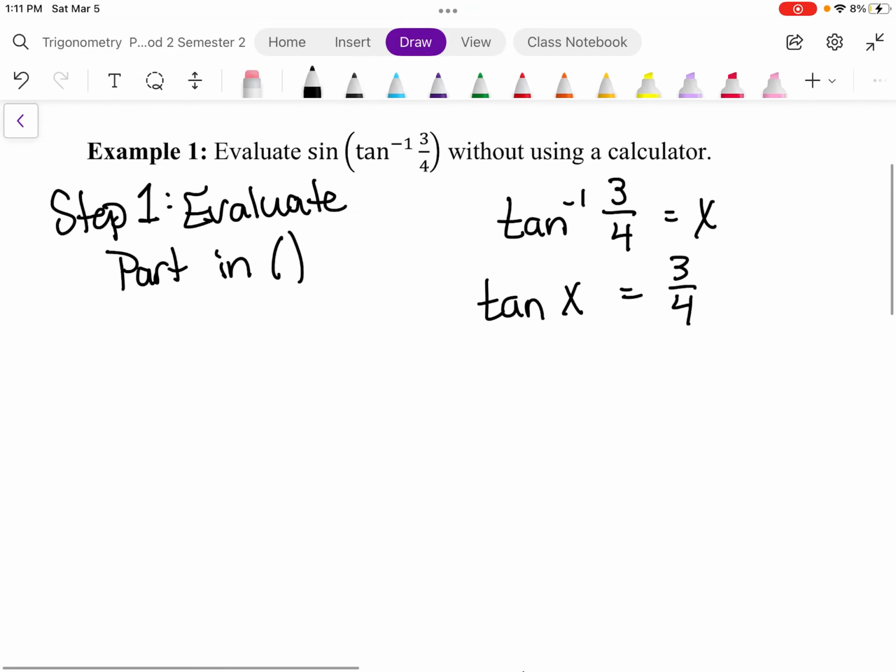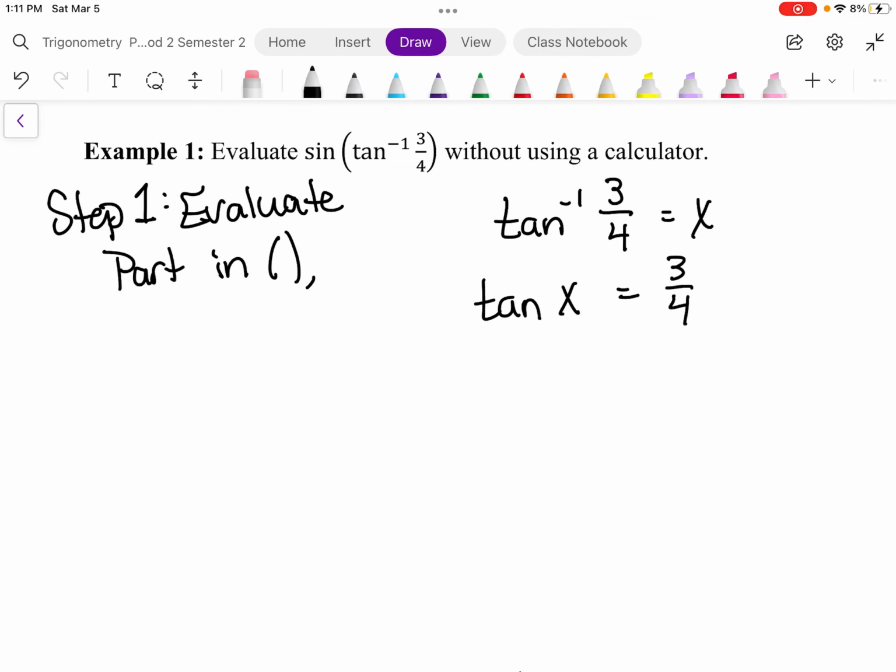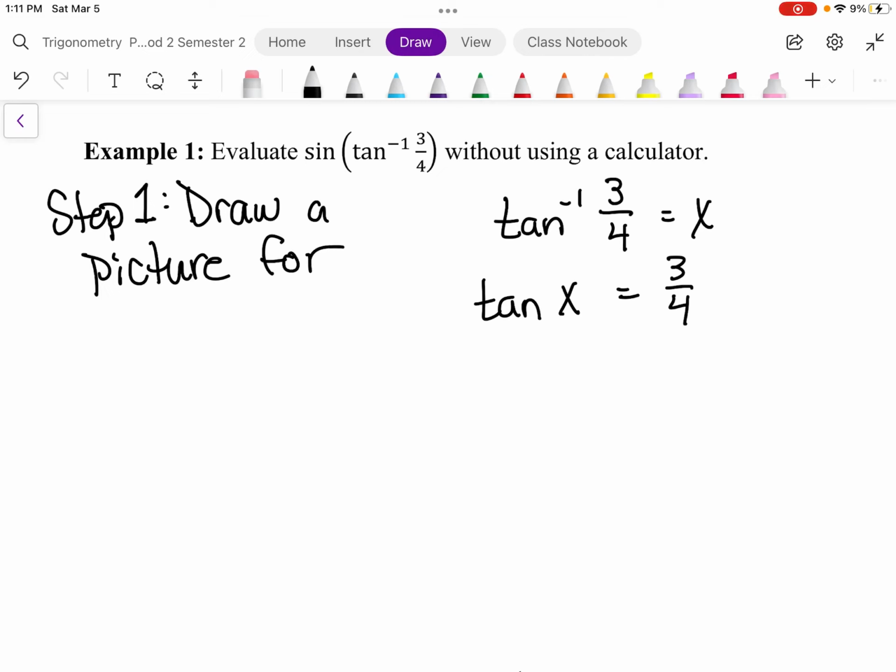So when we evaluate this, we might not actually figure out what x equals, but we are going to draw it on a triangle. So maybe instead of evaluate the part in parentheses, we are going to draw a picture for the part in parentheses.